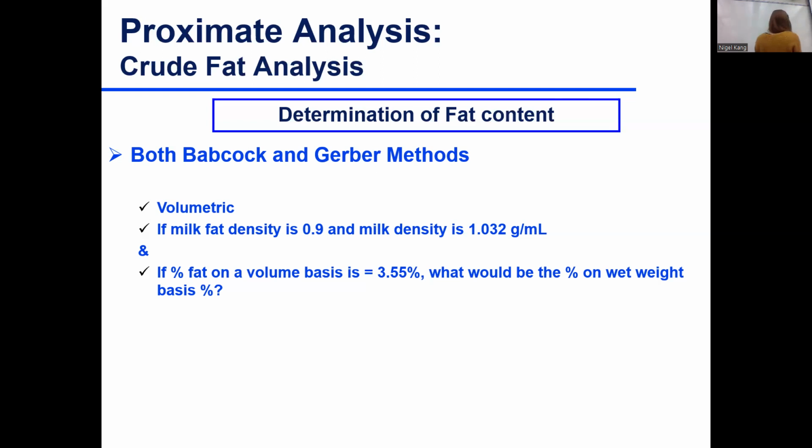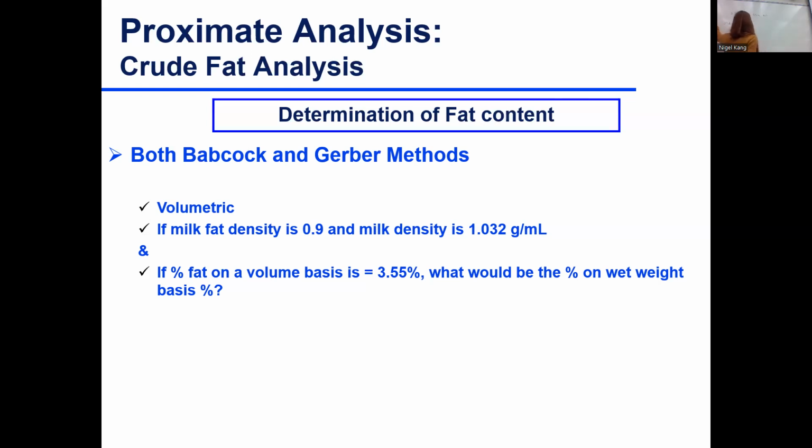So let's do it together. The fat percentage by volume in your sample is 3.55%. That means you have 3.55 ml fat in your sample. Then you have the density. I show density like this, you can show it with D. Density of fat in your sample is 0.9 gram per ml.